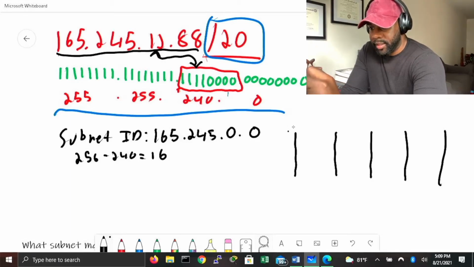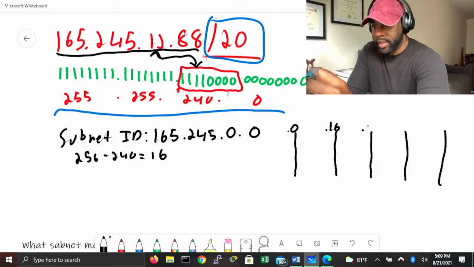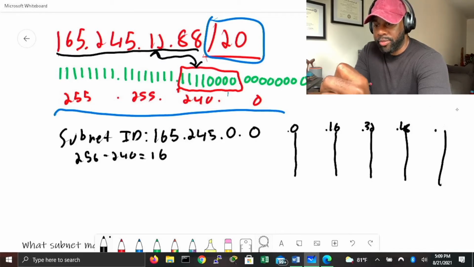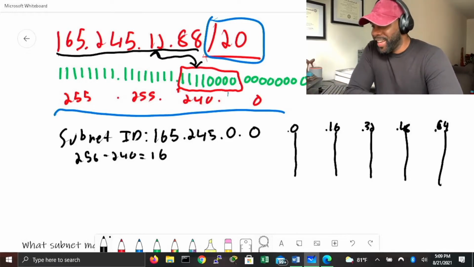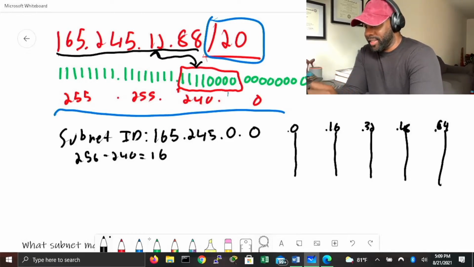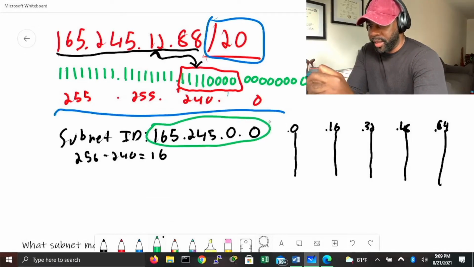This is that subnet ID. This is that subnet ID. And I don't know what 48 plus 16 is. 64? I think it's 64. I can't add. So we know that this subnet ID is going to be here.